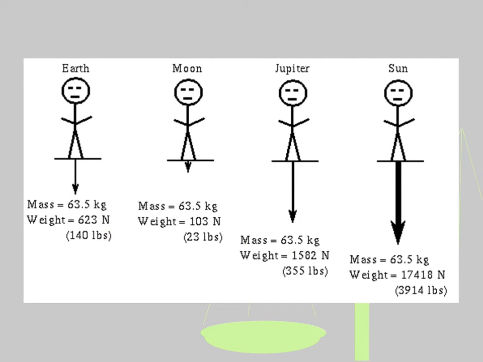If you notice in the sun, because of its great gravitational pull, your weight would be 3,914 pounds, which is almost 2 tons. So we measure mass, which is a quantitative amount, while weight is based on gravity.